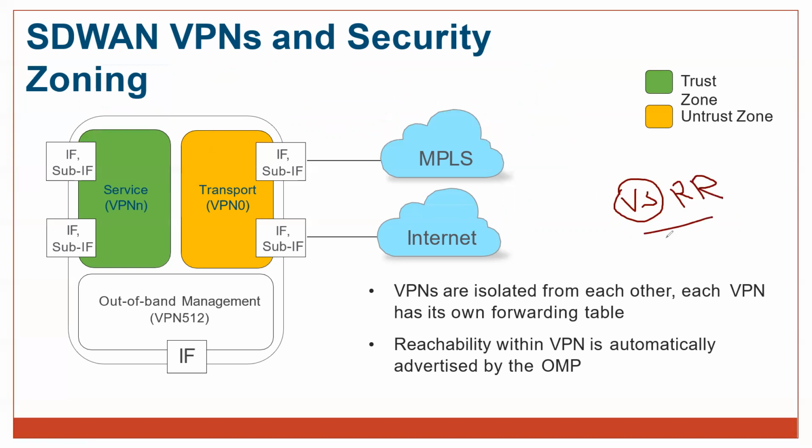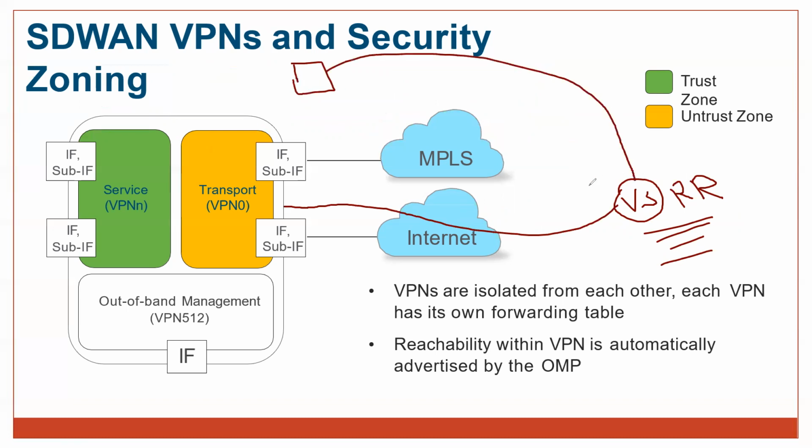It knows all the routes inside the SD-WAN fabric, and you are pairing with vSmart as an OMP peer.